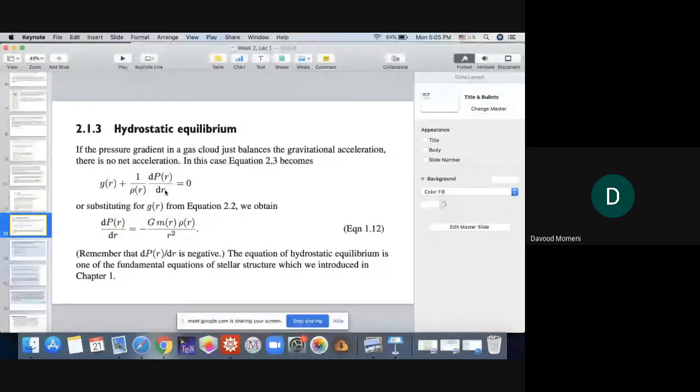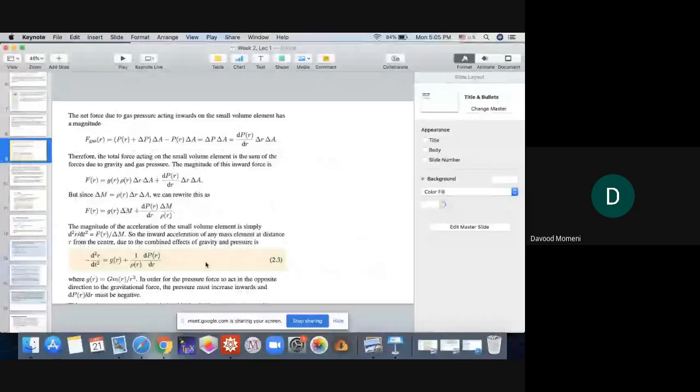So, two situations or two cases from the equation of the accelerations are very important for us when we are studying star formation. The first situation is free falling, when we consider the pressure almost constant.